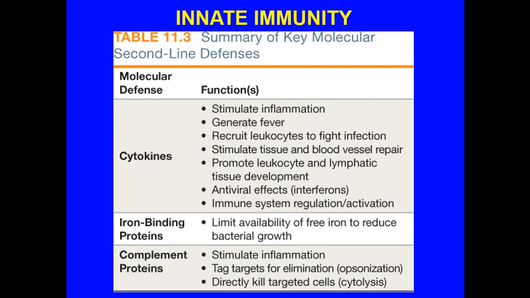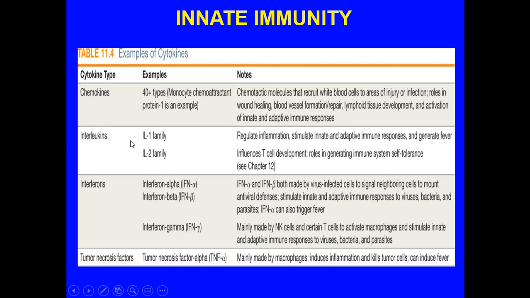You sequester the iron, you starve out the iron, bacteria can't grow as much. Next, complement proteins. These will stimulate inflammation. They will also tag targets for elimination. This is where we get into the principle of opsonization. And they will actually directly kill targeted cells. This is where they initiate cytolysis, the breaking up of the cell.